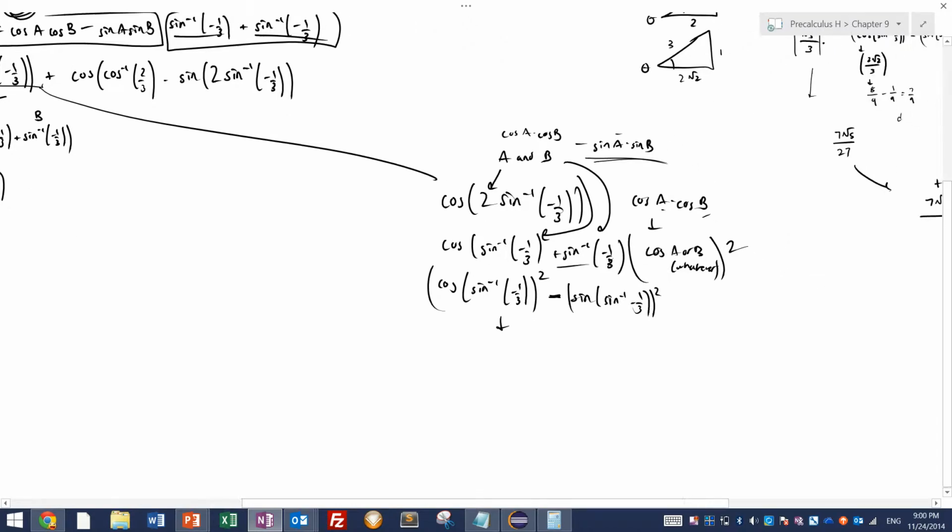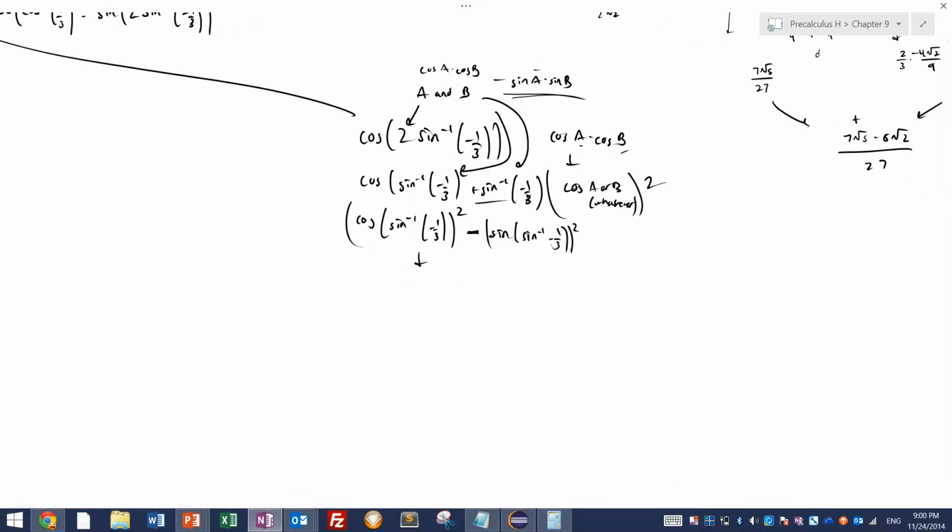But for that to work, first we have to, right, forgetting to draw the triangle here. All right, so we're going to bring up the triangle all over again, except this time the opposite is 1, and the hypotenuse is 3. Let's go ahead and ignore the negative for now.